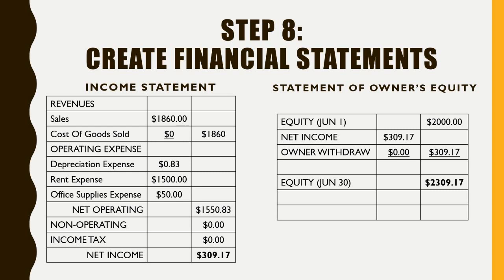And if I do, then I pop that into my statement of equity, because a component of statement of equity is to enter in whether you had net income or a net loss. So again, it is very crucial that you create your financial statements in the exact order.